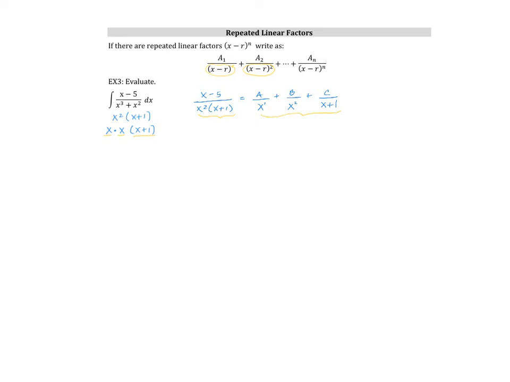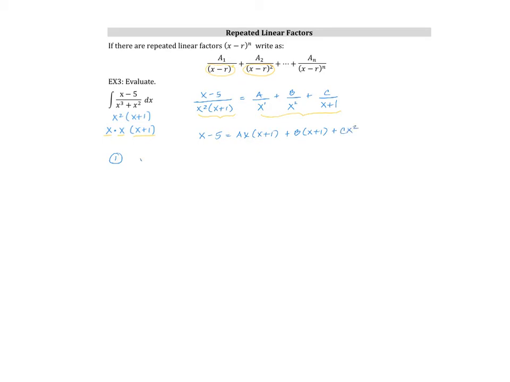Now I'm going to use method 1 because I'm lazy. But first I want to clear the fractions. This becomes x minus 5 is equal to a times x plus 1, plus b times x plus 1, plus cx squared.